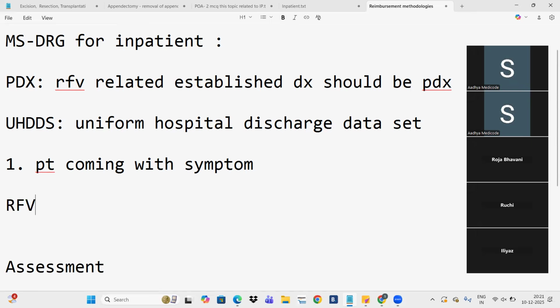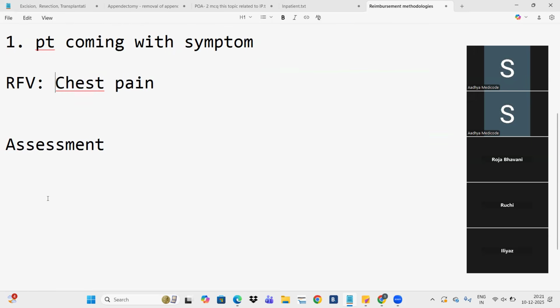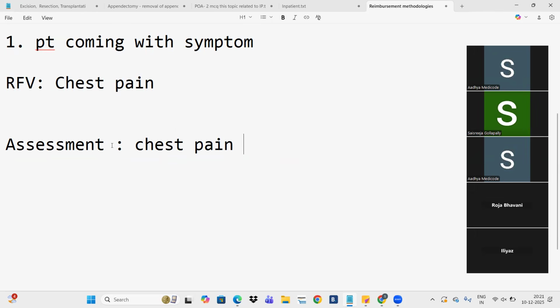Suppose the reason for the visit is chest pain and the assessment is also chest pain. What is the PDX? Here we need to code chest pain. Whenever there is no established condition, the symptom alone is considered the PDX.